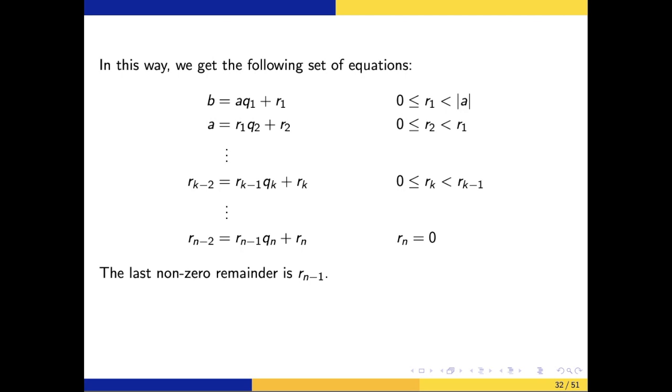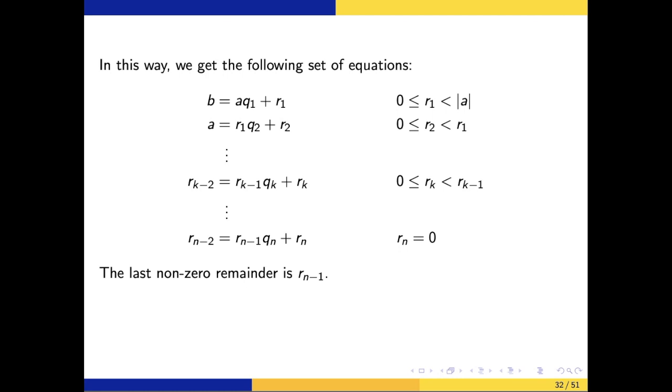So to summarize, we have the following set of equations. B equals AQ1 plus R1, where R1 is non-negative and strictly less than mod A. A equals R1 Q2 plus R2, where R2 is non-negative and strictly less than R1, and so on. In general, the kth equation will be R sub k minus 2 is equal to R sub k minus 1 times Qk plus Rk, where Rk is non-negative and strictly less than R sub k minus 1.